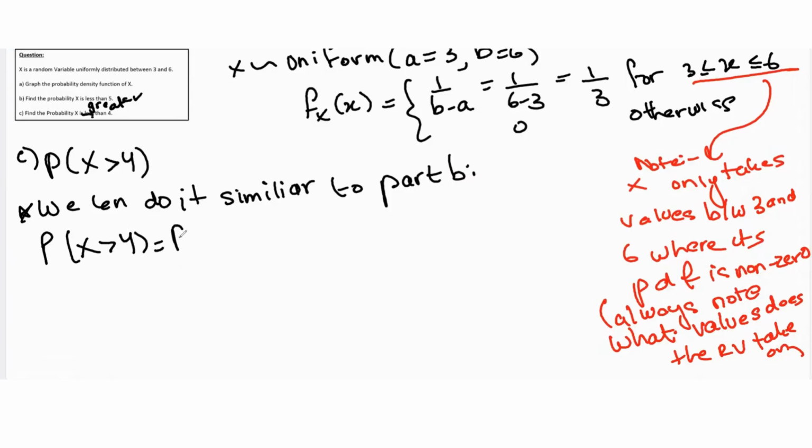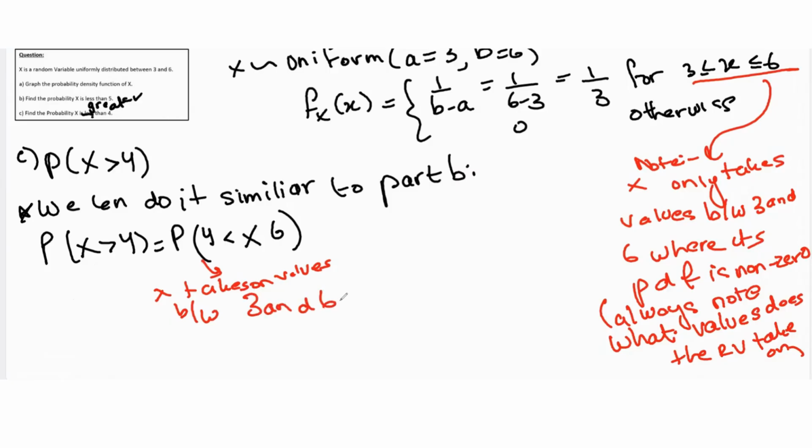I know I can write it as the probability X is between 4 and 6. Why can we write this? Because X takes on values between 3 and 6.